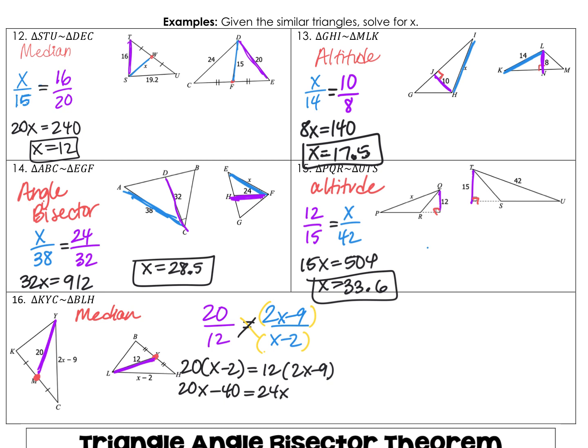Gross, what is that? That's 17. Let's get this up.